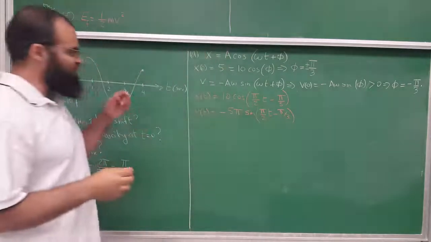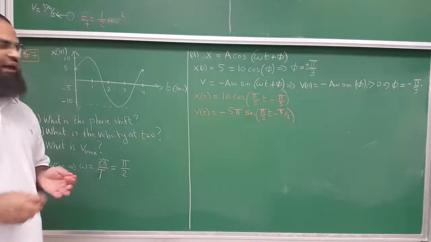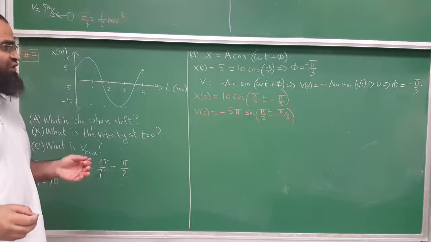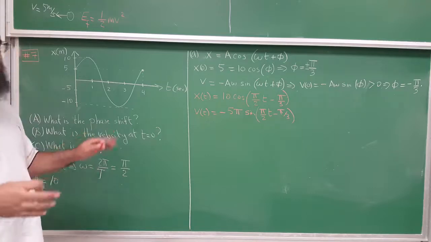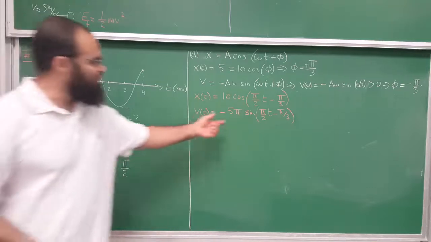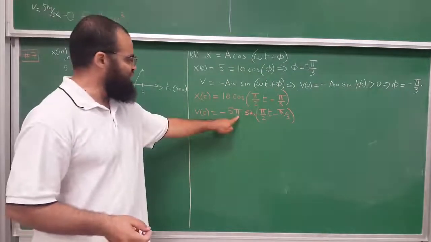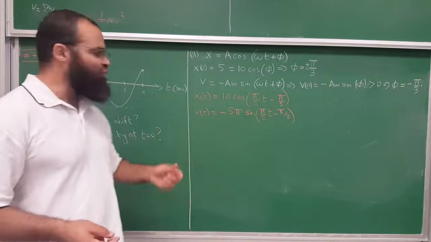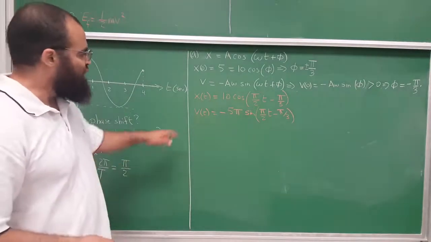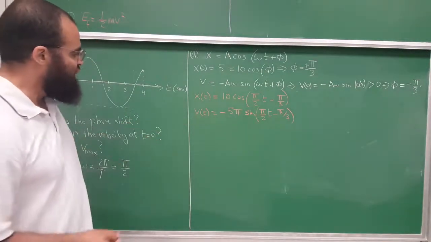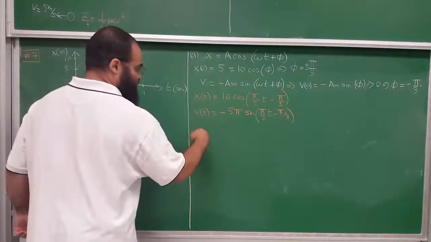You might be anxious to just plug it in. You could simply plug it in, but I would say, hold on. Pi is an exact number, so don't replace it with 3.14159, etc. Don't do that yet. Just hold on. And the acceleration is the derivative of this.